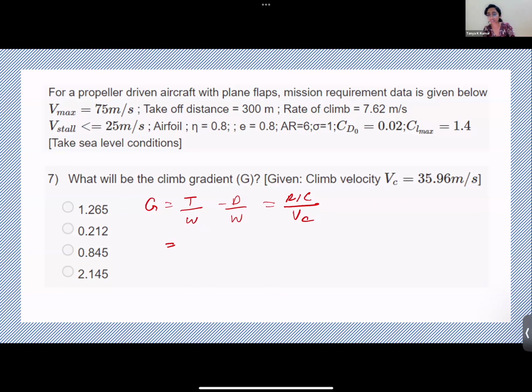Somebody else. I hope I'm audible to everyone. What is the rate of climb? It's given in the question. Can one of you tell me what the rate of climb is? Just tell me the number.